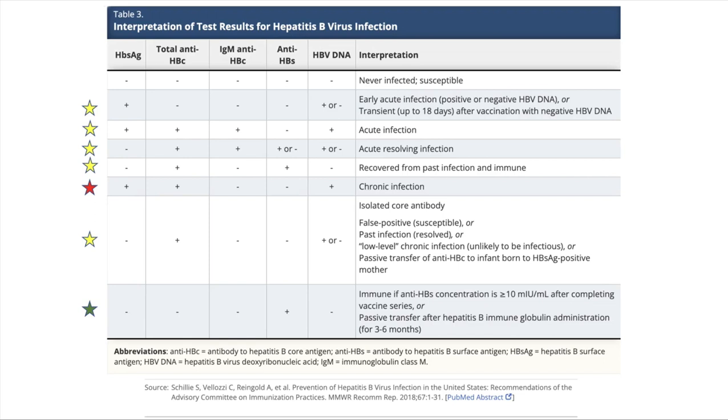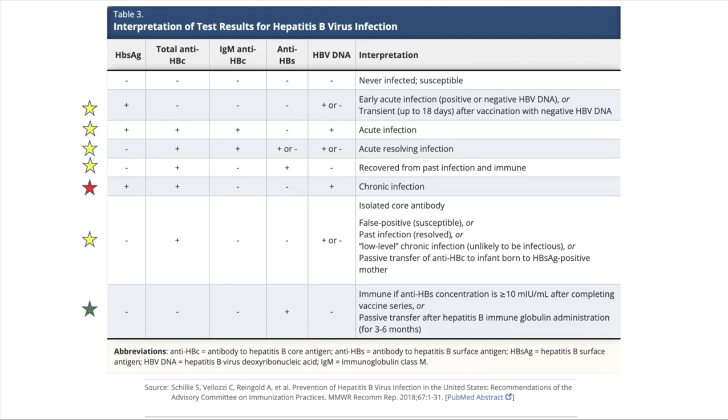Bad news is chronic infection. You have detectable surface antigen. You have detectable core. You have detectable Hep B DNA, and you've confirmed that in subsequent testing. Everything else you see there could be bad news. If you're in an acute infection phase or an acute resolving phase, we don't know what your status will be until we see that later.